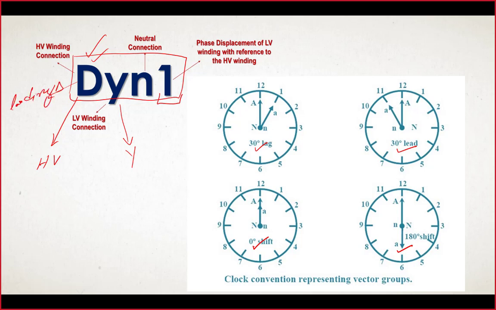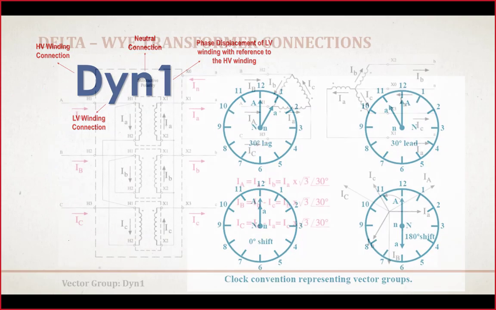And leading delta means we will have to connect the winding in such a way that we take these differences: IA minus IB, IB minus IC, and IC minus IA. Similarly for voltage, that will be VA minus VB, VB minus VC, VC minus VA.